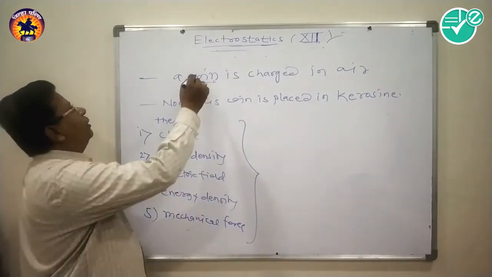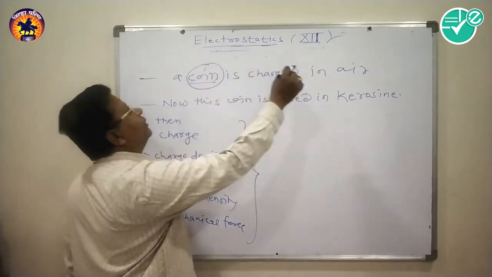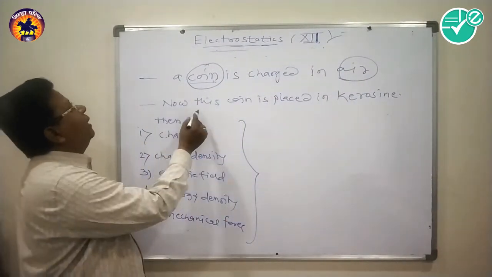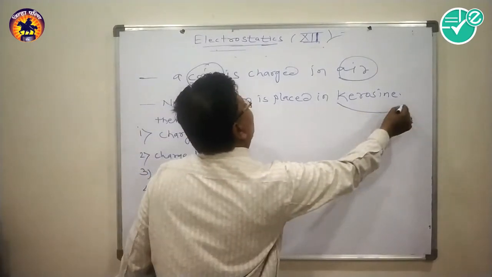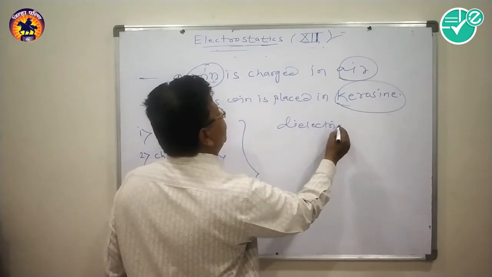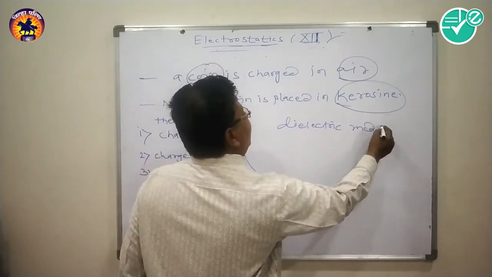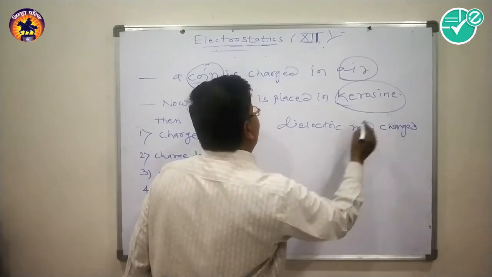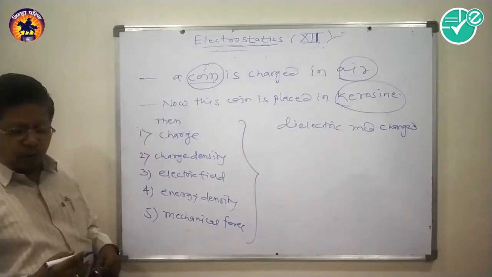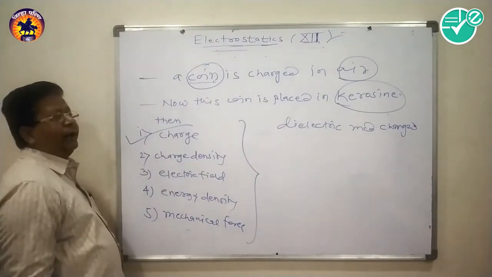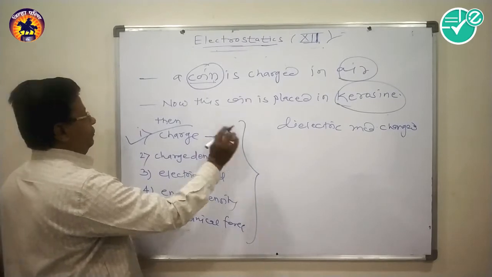So initially the coin is placed in the air, and after that the same coin is placed in the kerosene. That means the dielectric medium is changed. And when the dielectric medium is changed, out of these five quantities, the charge on the coin remains the same.